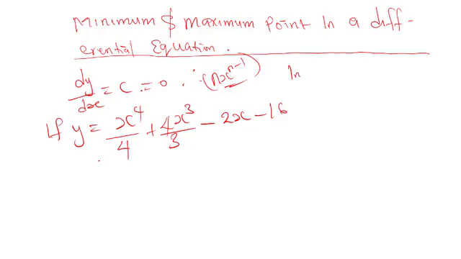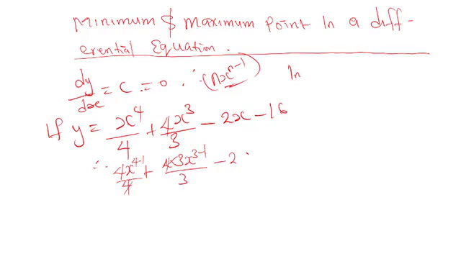So if you differentiate x raised to power 4, where 4 is n, you now have 4x^(4-1)/4, plus this other one becomes 4 times 3, x^(3-1)/3, minus 2x, so we have 2.